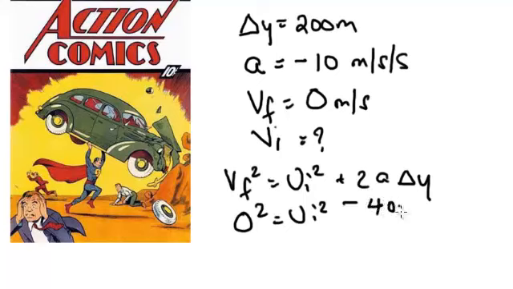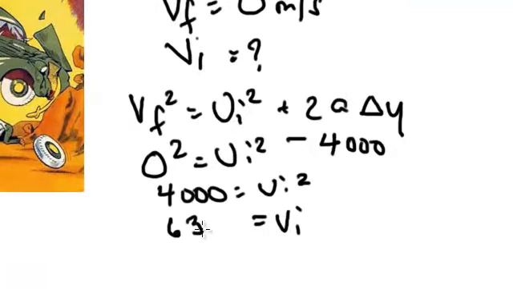We end up with negative 4,000. So 4,000 is Vi squared. Vi is equal to 63.2 meters per second, which, by the way, is about 142 miles an hour.